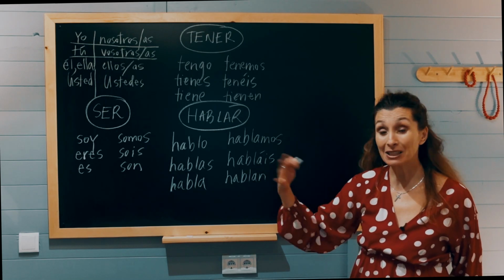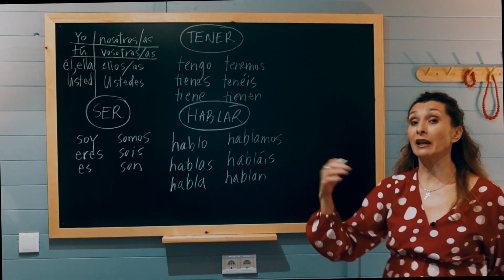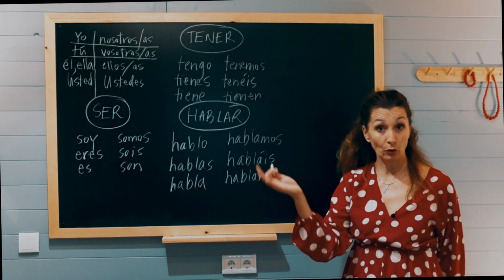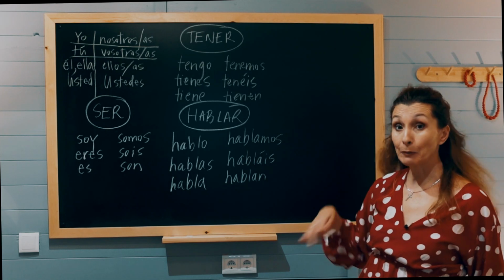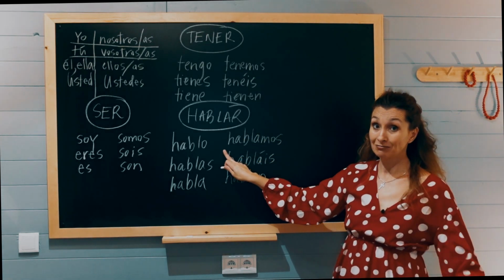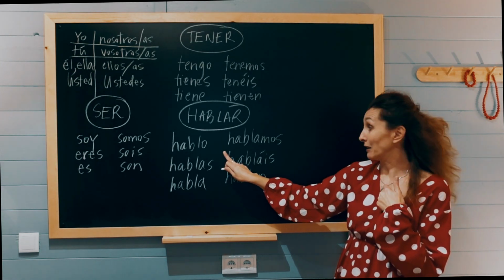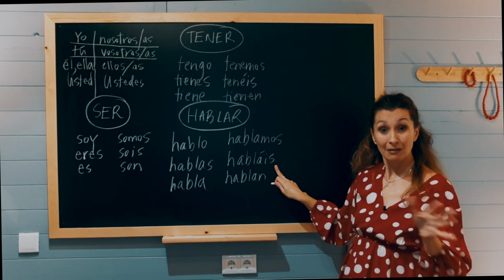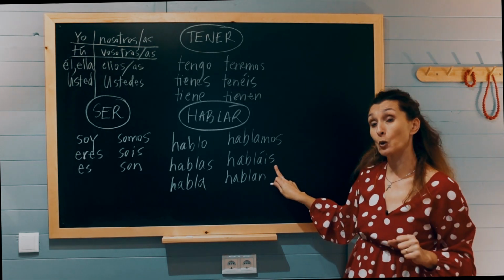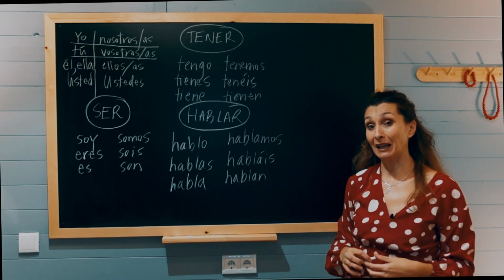Again, it's a lot of speak, speak, speak. So you need to say I speak and they speak and we speak and you speak. Otherwise, we don't know who's doing the speaking. In Spanish, because they're all different, we know that when we say hablo, it's I speak. When we say habláis, it's you guys, you're doing all the talking now. Hablan, it's them, they are speaking, okay?